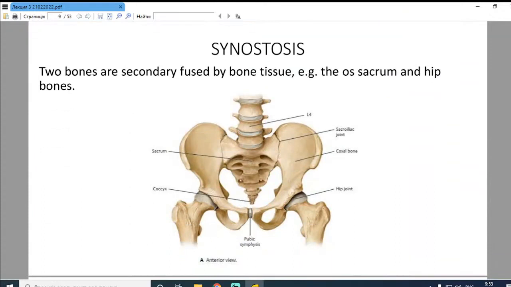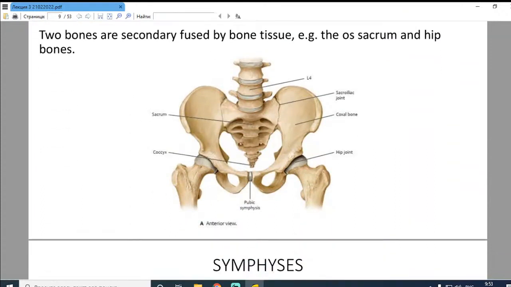Next, synostosis. Two bones are secondarily fused by bone tissue. For example, the sacrum consists of five bones: 1, 2, 3, 4, 5.